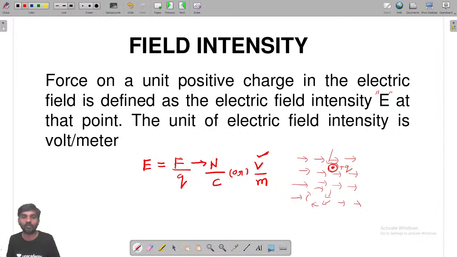That force per unit charge is called electric field intensity. When you stand on the terrace where a lot of wind is coming, you feel that pressure. Similarly, the force on the positive charge is nothing but this electric field intensity. Clear? Okay, now let's move on.